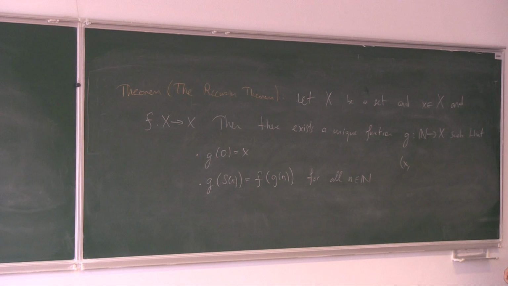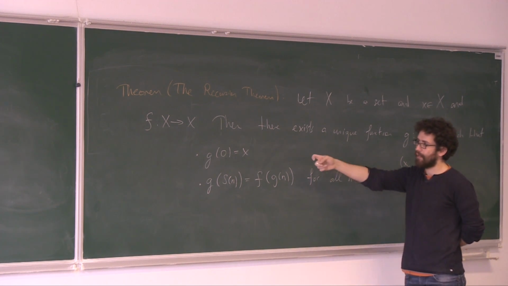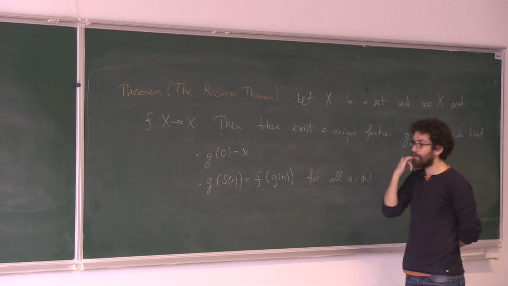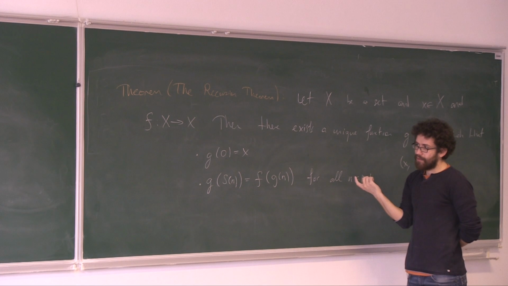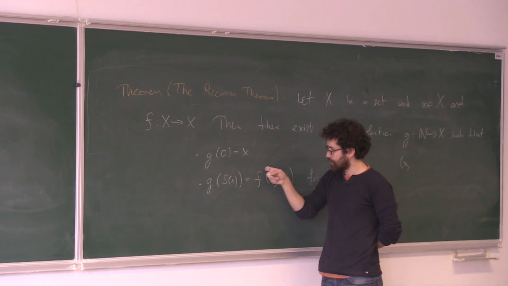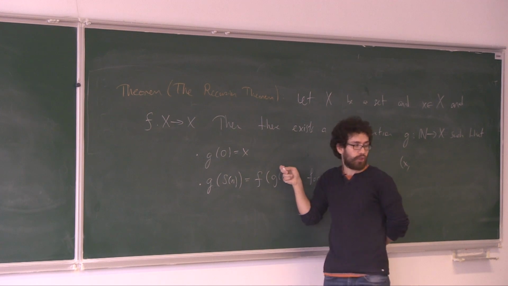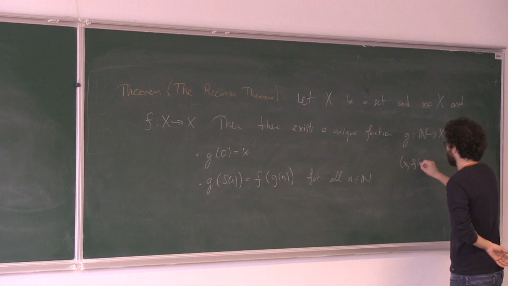The second element of the sequence is, okay, I don't have g of 1 equals something, but I can figure out what g of 1 is. 1 is the successor of 0, so if I plug in 0 here, I have g of 1 equals f of g of 0. g of 0 is x, so g of 1 is f of x.